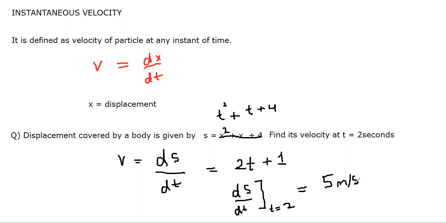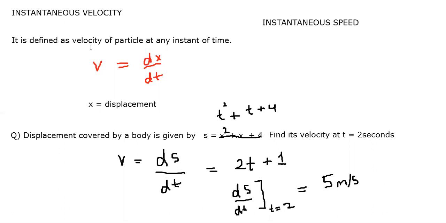Like the term instantaneous velocity, we have one more term, that is instantaneous speed. There's not much difference again. The basic difference remains the same, that one is scalar and another is vector. So the definition changes: it is defined as the speed of a particle at any instant of time.